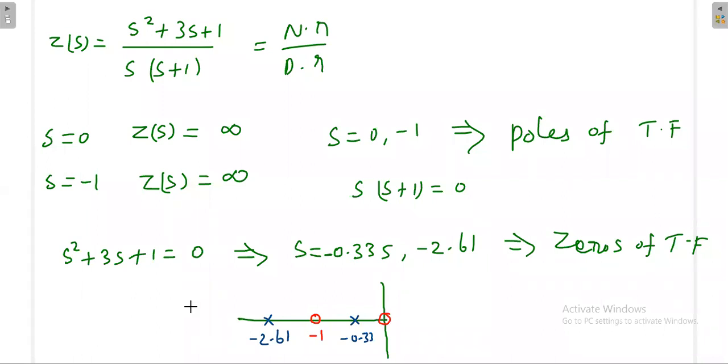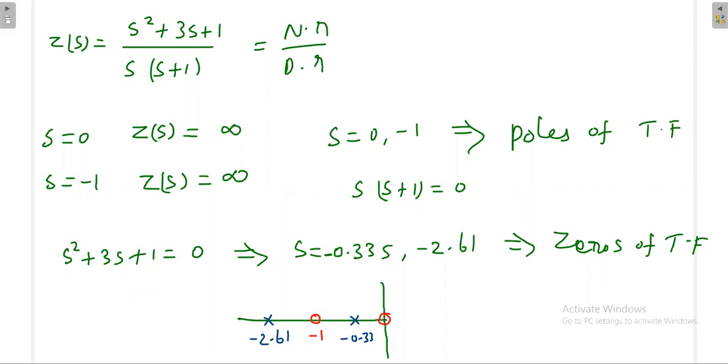And one more thing, the zero is near the origin. How to identify that? Once you have an RC network, the zero will be near the origin. So the observation is that the zero will be near the origin.